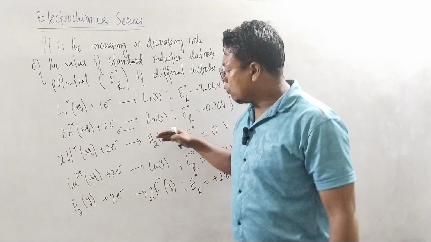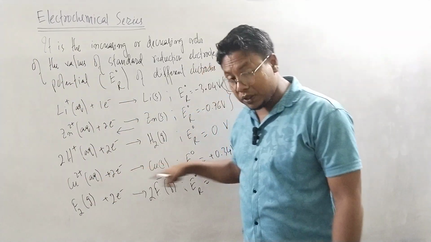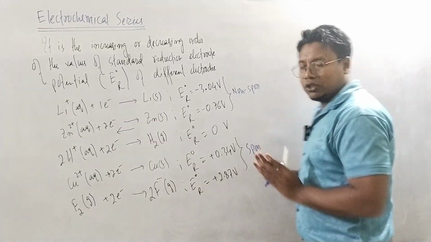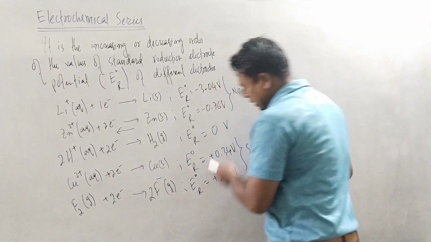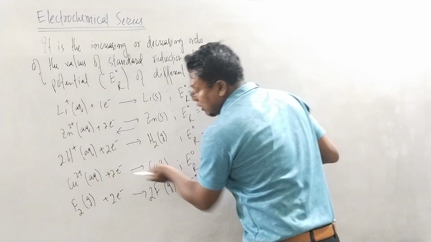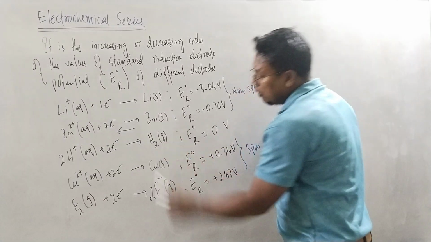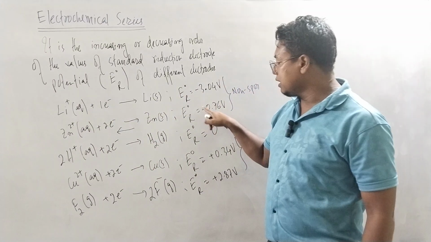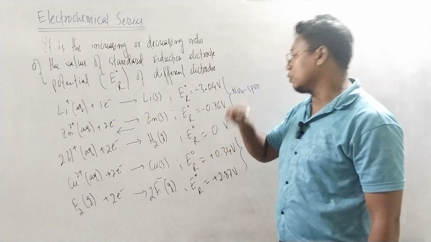So zinc solid would like to give out electrons, while copper solid does not want to give out its electrons. So gaining electrons is spontaneous, while giving out electrons is not spontaneous in case of copper, while in case of zinc, giving out electrons will be spontaneous. The reverse is positive, while gaining electrons is non-spontaneous.